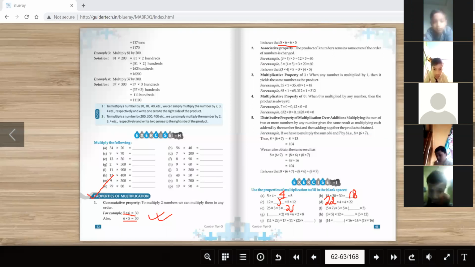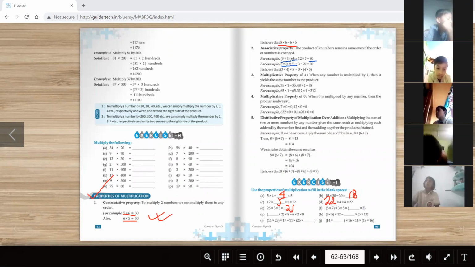We will read the next property, which is the associative property. Now for the associative property, first we will see the example. 3 into 4 into 5 equal to 60, and 3 into 4 into 5, that is also equal to 60, but the arrangement is different. Arrangement is different means what? Here you can see that 3 into 4 is written in the first bracket, and after that it is multiplied with 5.